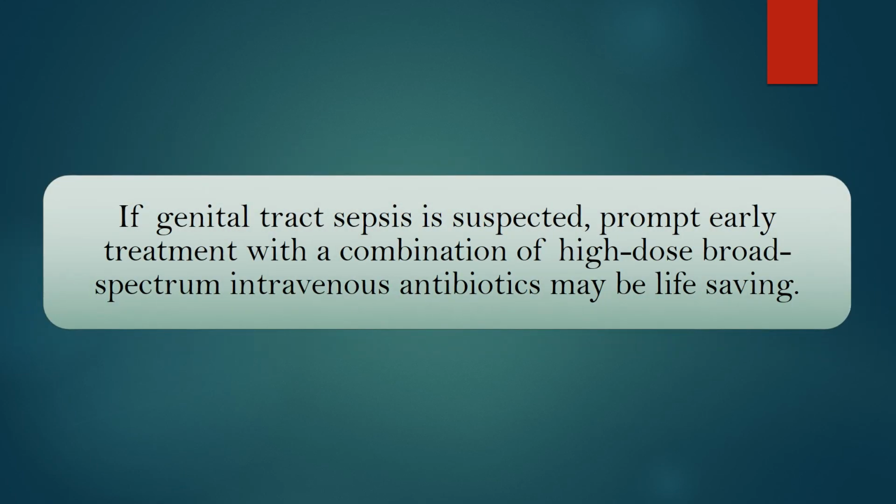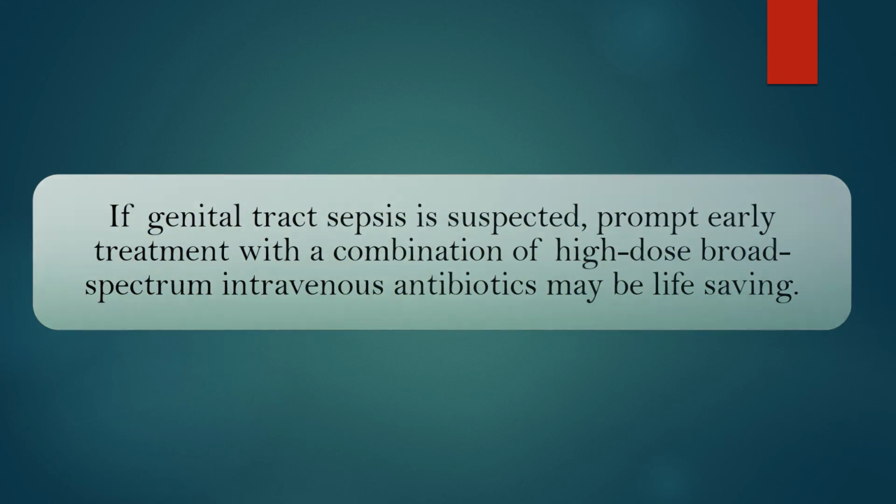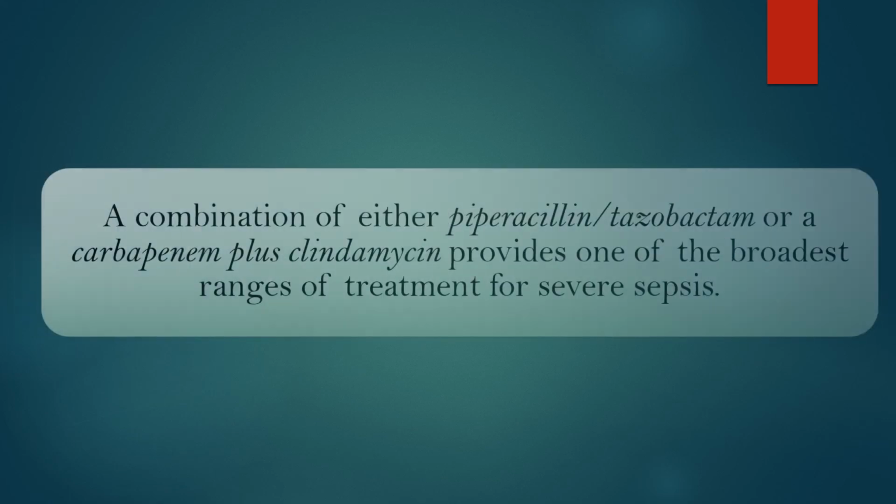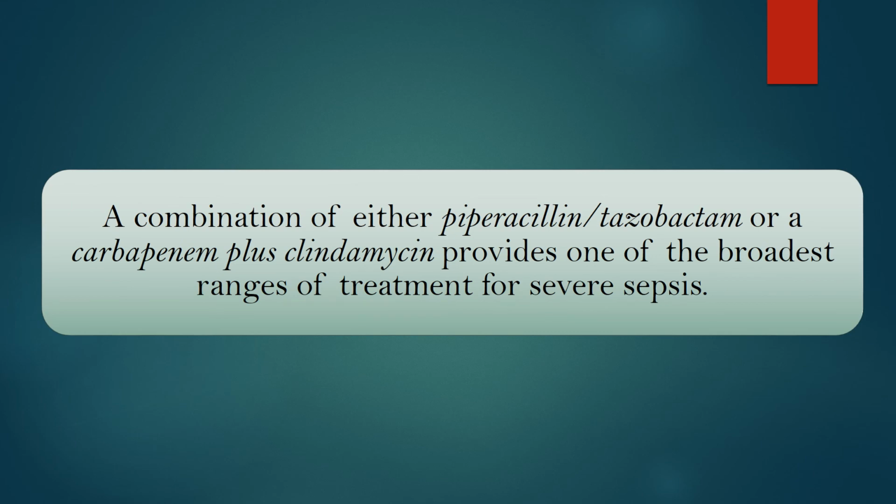If genital tract sepsis is suspected, prompt early treatment with a combination of high-dose broad-spectrum intravenous antibiotics may be life-saving. A combination of either piperacillin and tazobactam or a carbapenem plus clindamycin provides one of the broadest ranges of treatment for severe sepsis.